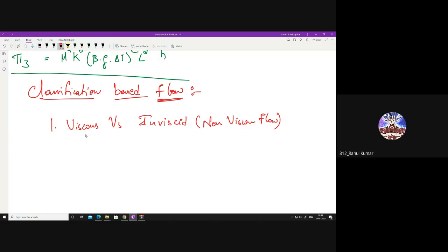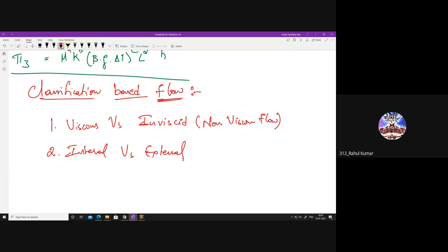When the flow is viscous, the viscosity has to be considered during the analysis. When you say the flow is inviscid, you will not consider the effect of viscosity. Moving to the second kind of classification, you have internal flow versus external flow. You know this already.